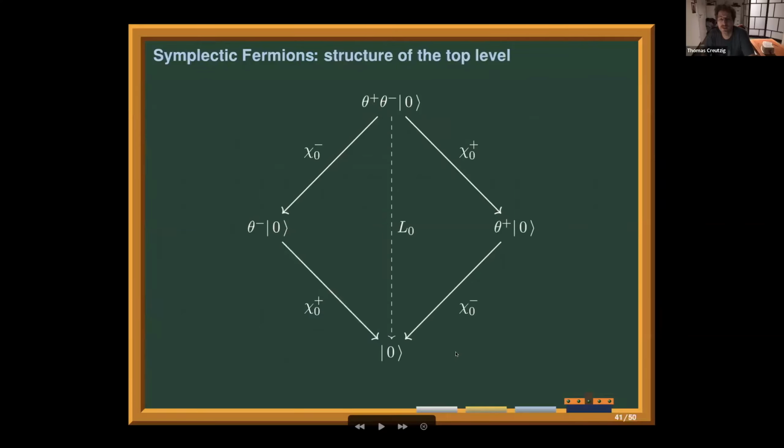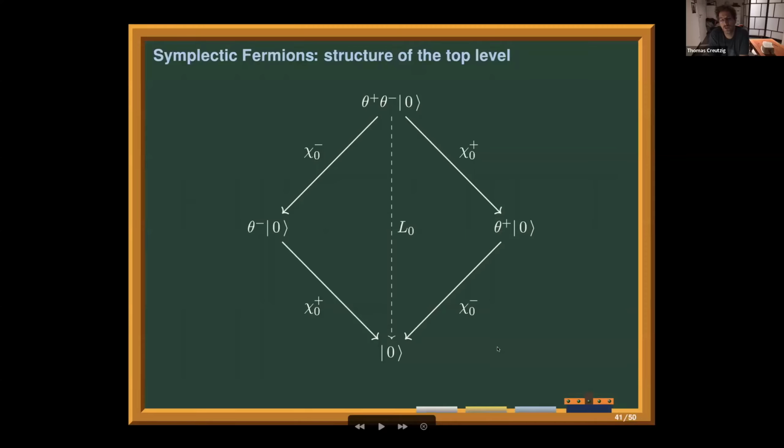Now, this diagram is kind of important. So what did we do here? We started with a four-dimensional algebra, which is just the algebra of polynomials in two odd variables. So we just have the monomials 1, theta minus, theta plus and theta minus times theta plus.